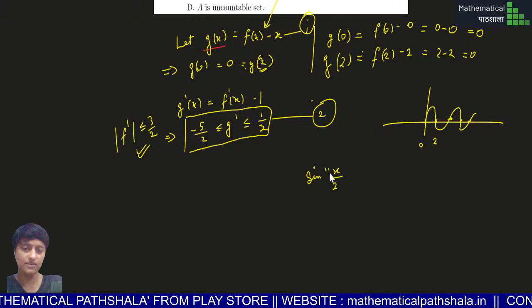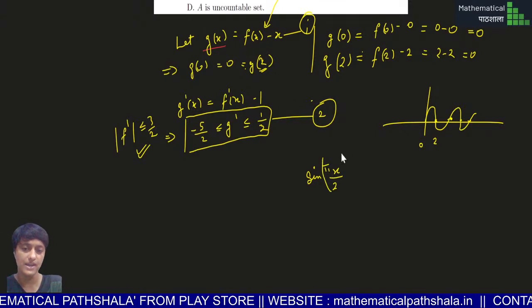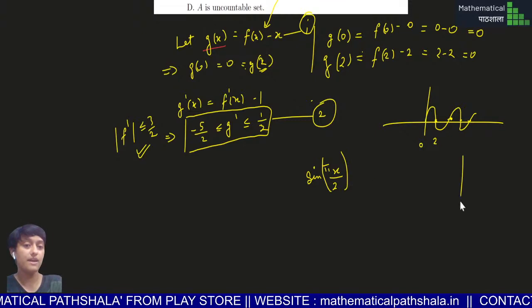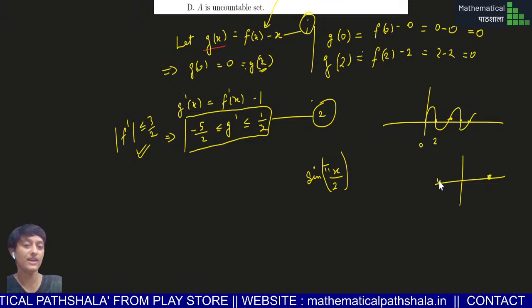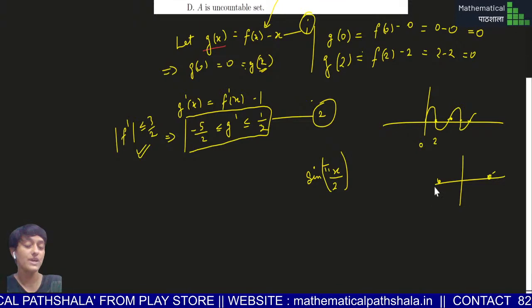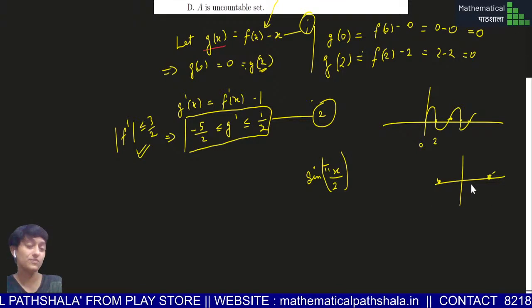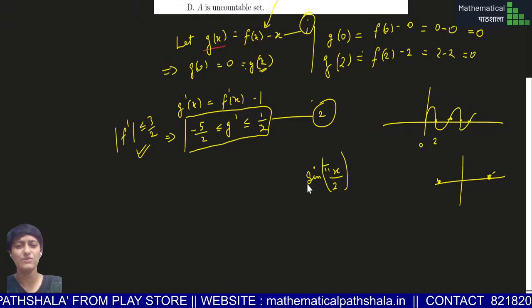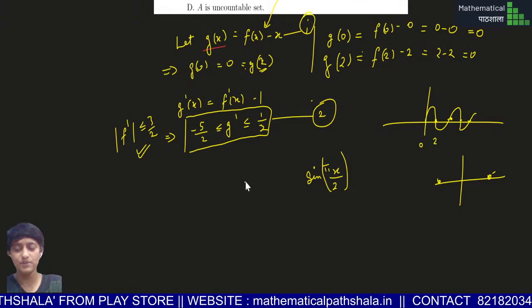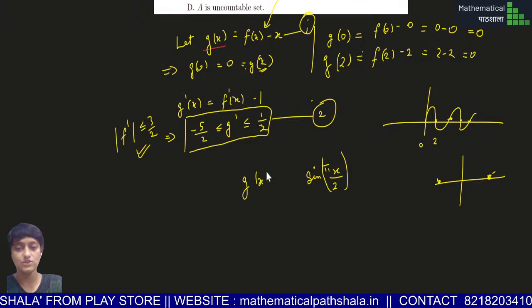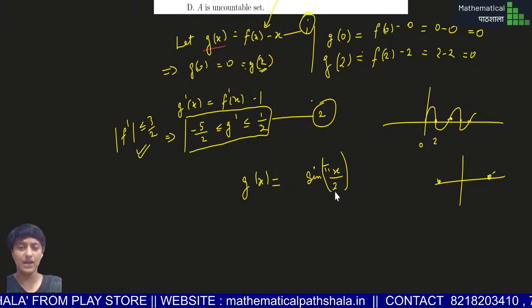So let us say sin(πx/2). Why? Because at every π, sin x will become 0, right? That's why we will take this function. Okay, let us assume g(x) is equal to sin(πx/2).